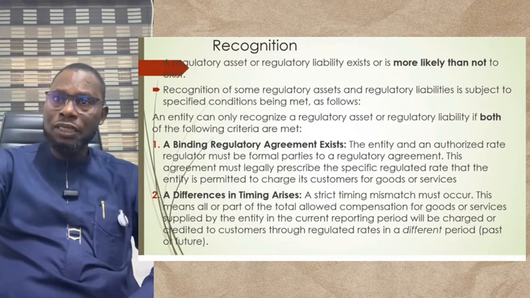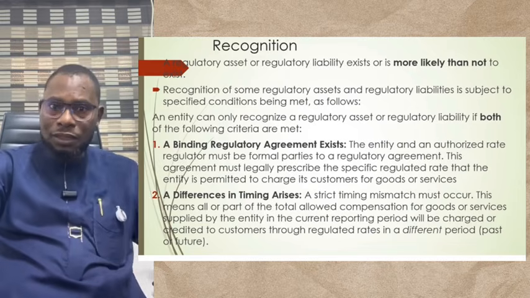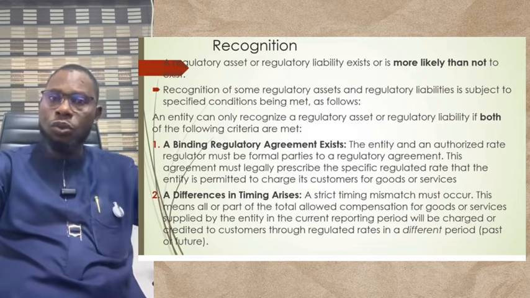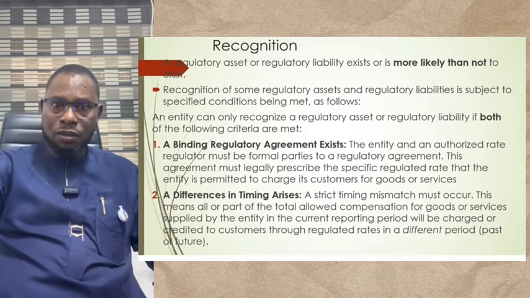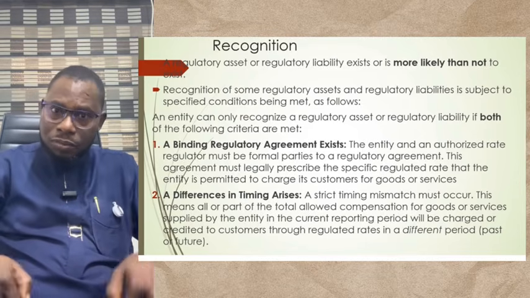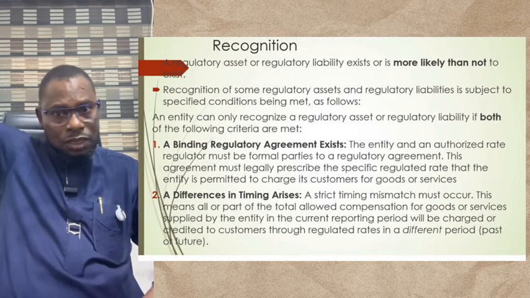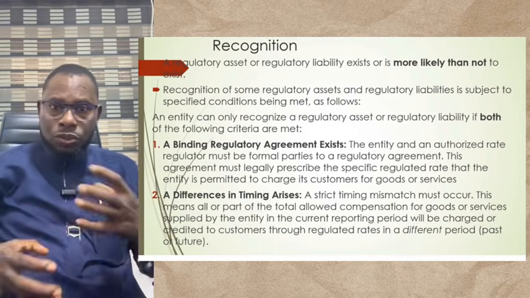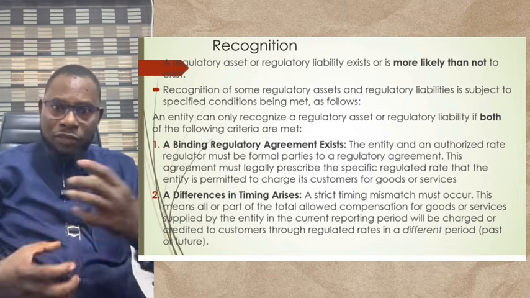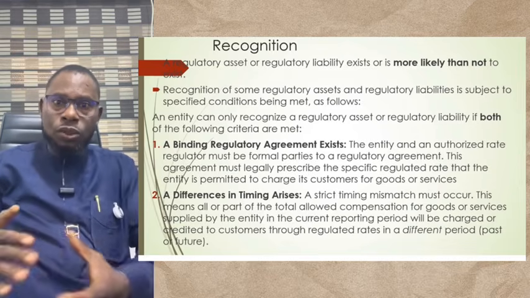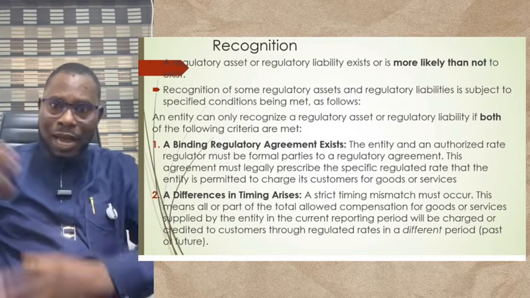This regulated rate is calculated to compensate for the asset. For instance, it is to compensate the company for waiting, for not collecting its money in that year, but collecting it at a future date. So it is usually calculated like the weighted average cost of capital, because of the time value of money, you have to discount it.